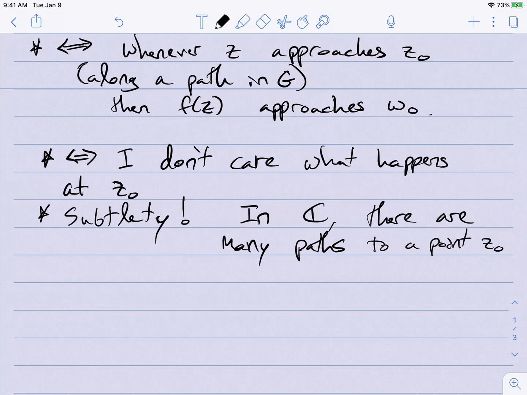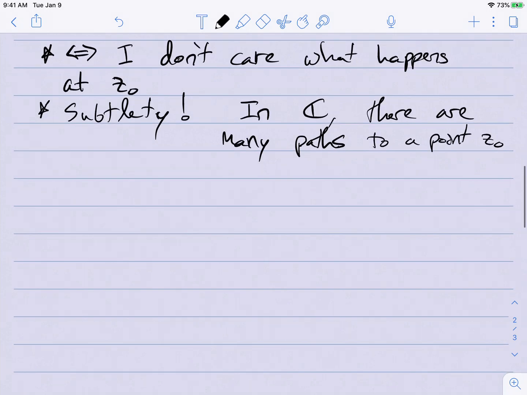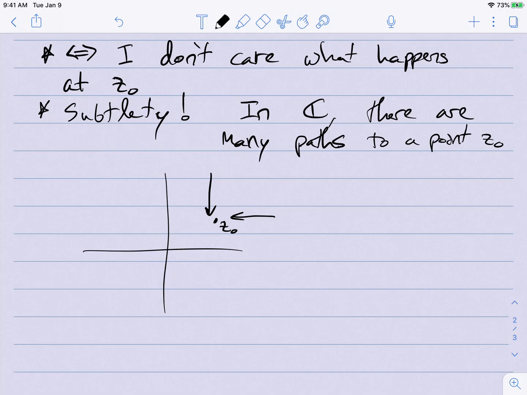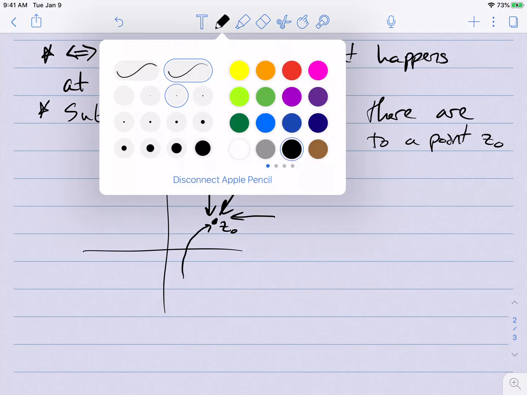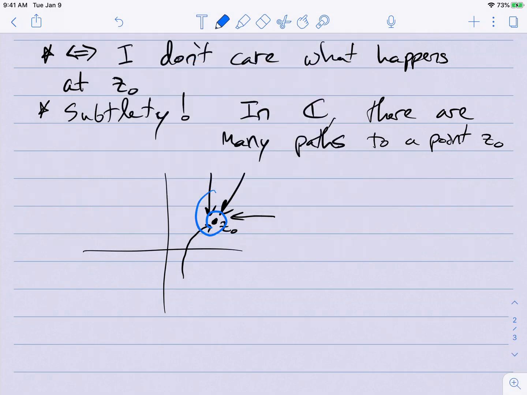Let me just draw a picture here. Let's say here's my z naught. In the real numbers, there's two paths, basically. You can approach from the right or from the left of a number. But now there are many paths. There's this one, this one, this one. And also, and this is actually kind of important, I don't have to choose a straight path. I can come in at a curve. I could choose a path that kind of spirals in towards z naught and gets closer and closer. So there are all these different ways of approaching z naught.